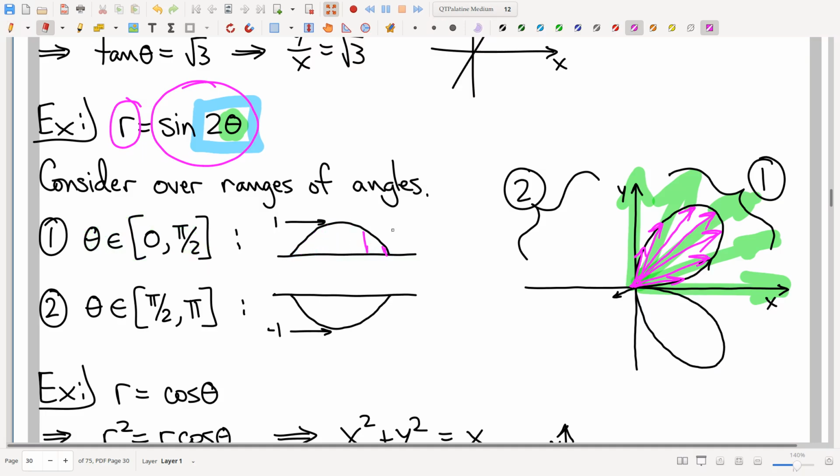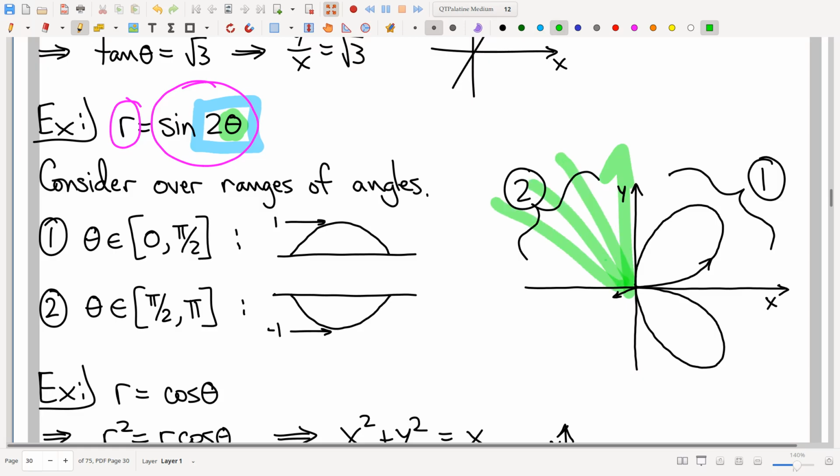One thing you'll notice in particular is that for the second quadrant, for those values of theta, the argument in blue there, 2 theta, goes from pi to 2 pi.